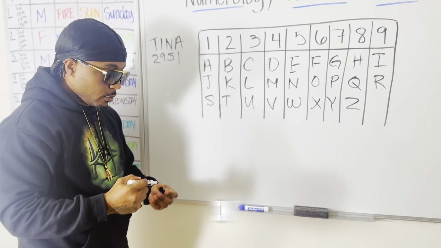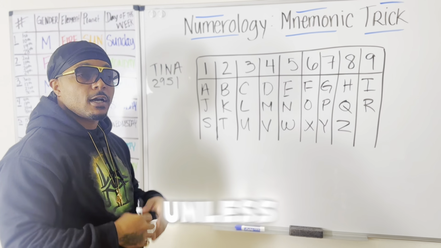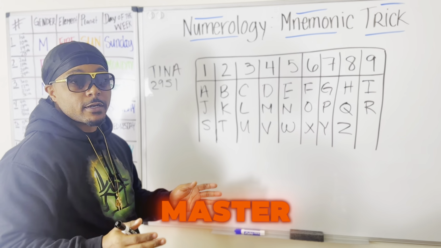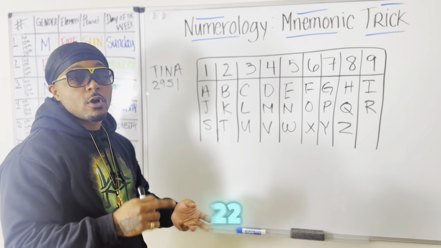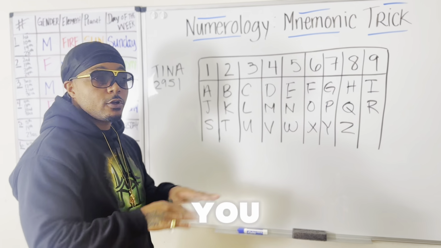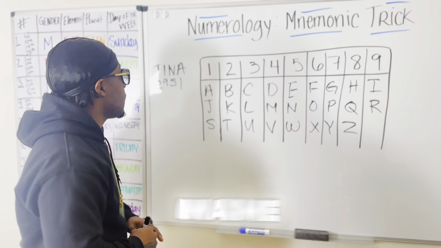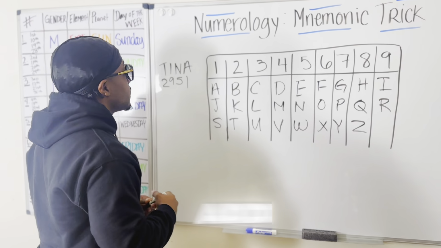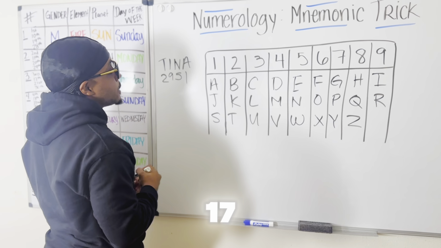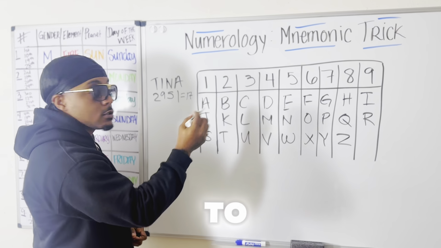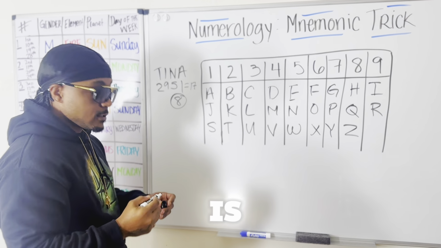So what you'll do in numerology, you will add until you get to a single digit, unless it's one of the 3 master numbers: master number 11, master number 22, or master number 33. You don't reduce to a single digit when you have master numbers in your name. But with this one, let's add this together. You got 2, 11, 16, 17. Then you reduce to a single digit, which is 8, because 1 plus 7 is 8.